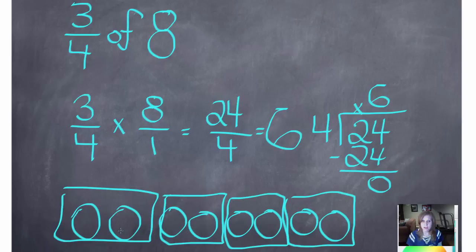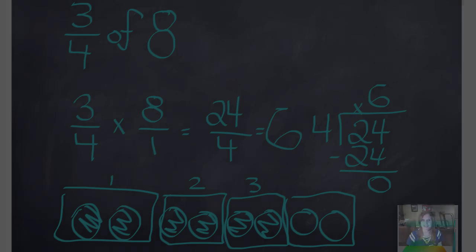And you're going to use 3 of those 4 parts. There's 2, 4, and 6, because there's 3 of 4 parts we're going to use. 3/4 of 8 equals 6. 1, 2, 3, 4, 5, 6.